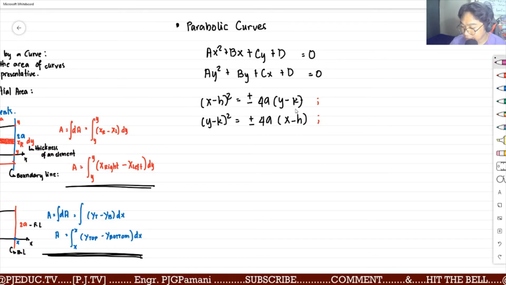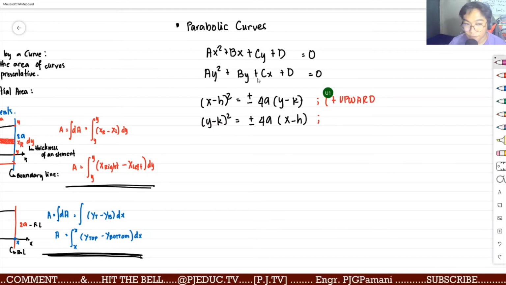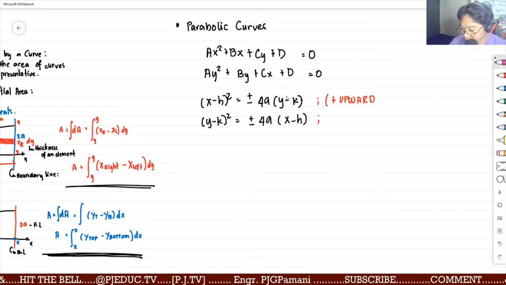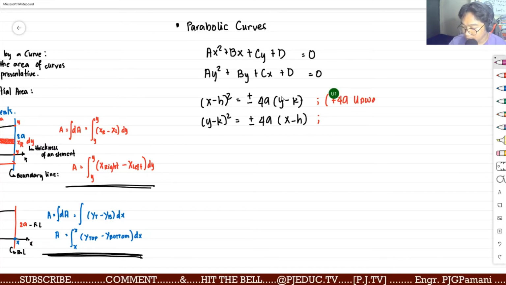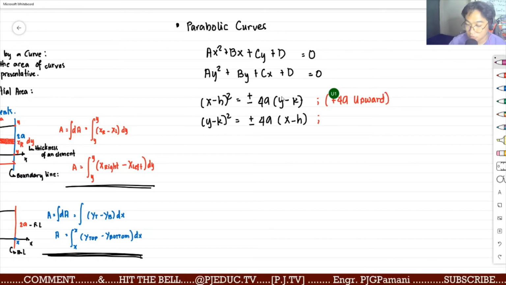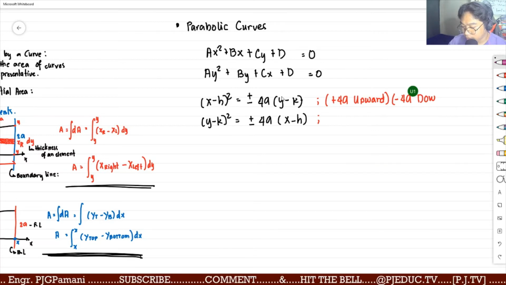If it is in the x-axis, our parabolic curve will open upward if 4a is positive, and if it is negative 4a, the parabolic curve will open downward.